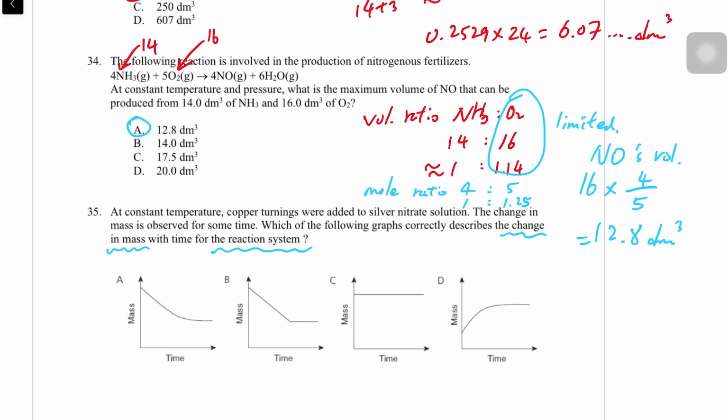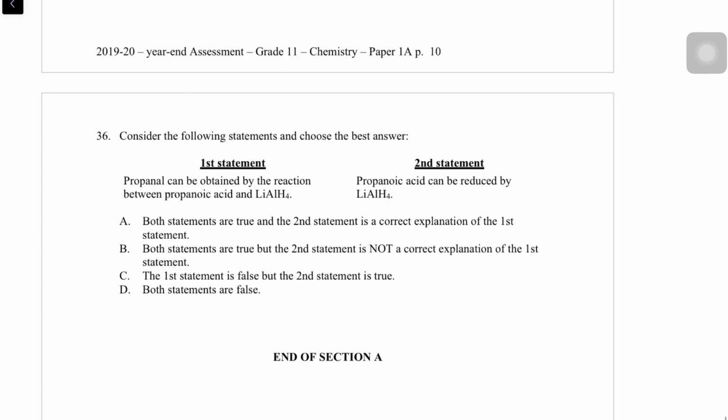If you are measuring the solid mass, there will be a change, but if you study the whole system, there won't be any change, because nothing is added or removed from the system. As I say, this question is a bit tricky.